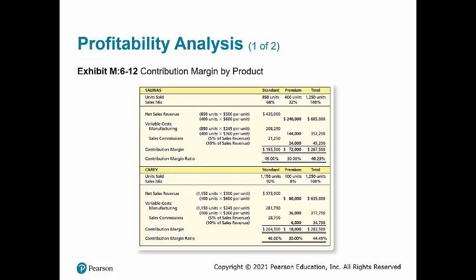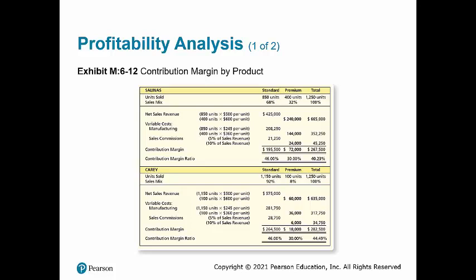Salinas' sales mix was 68% standard units and 32% premium units. Carey's sales mix was 92% standard units and 8% premium units. Because the standard model has a higher contribution margin ratio than the premium model, Carey was able to contribute more to the company's profits.